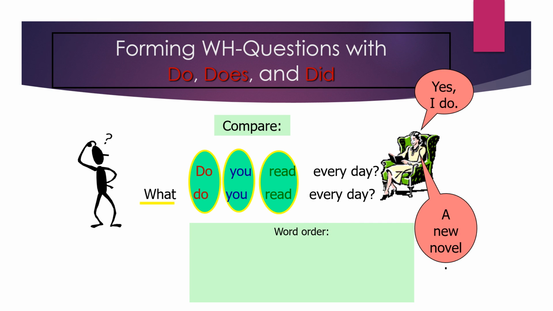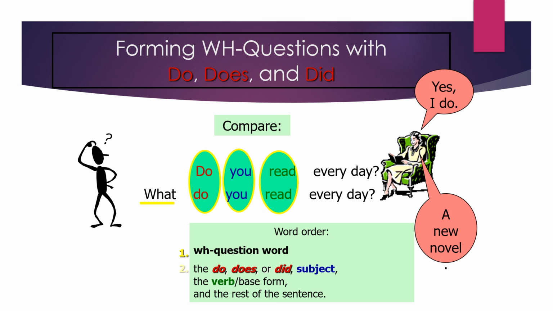So the steps are the following: WH word, auxiliary verb, subject, main verb, and then the rest of the sentence. Okay, if you follow these steps, you're going to be fine. Just remember WH word, auxiliary verb, subject, main verb, and the rest of the sentence.